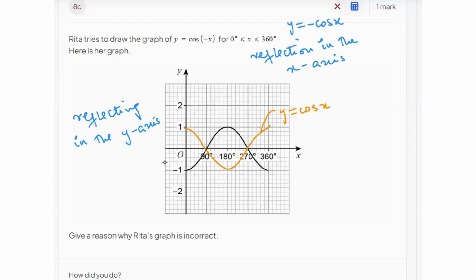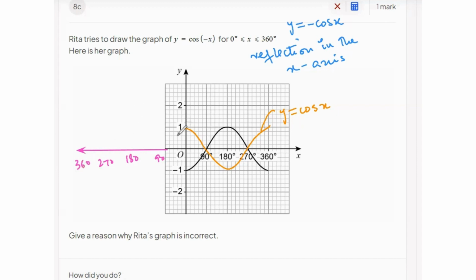Let me draw the axis first over here. So we will have 90, 180, 270, and 360. This is just a rough graph. So it's going to be basically like this. This is going to be y equals cos of negative x.